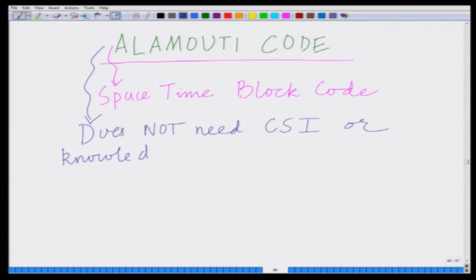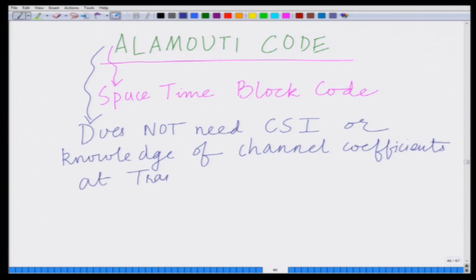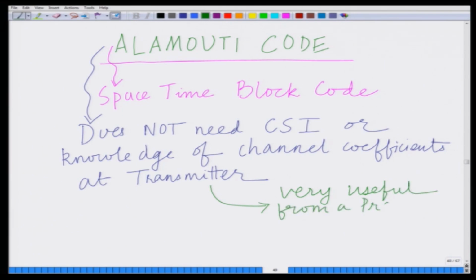That is, unlike transmit beamforming, it does not need knowledge of the channel coefficients at the transmitter. Hence, this is very useful from a practical perspective.